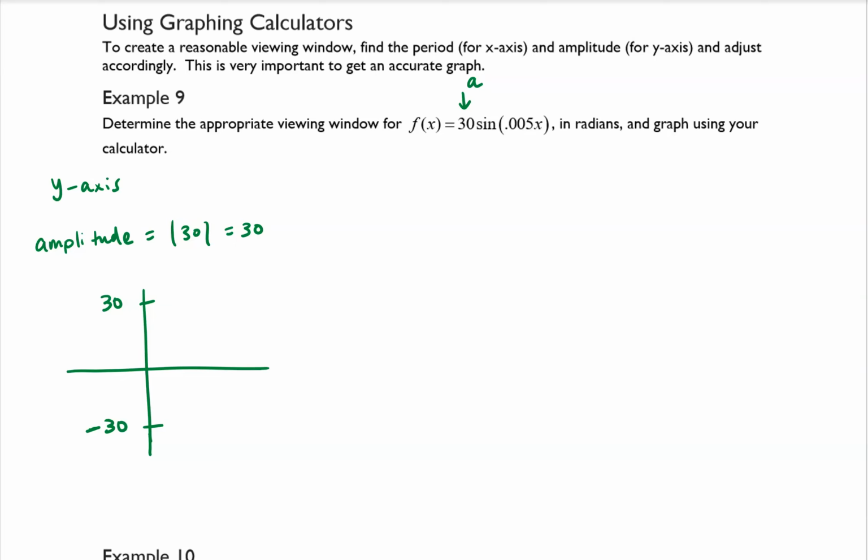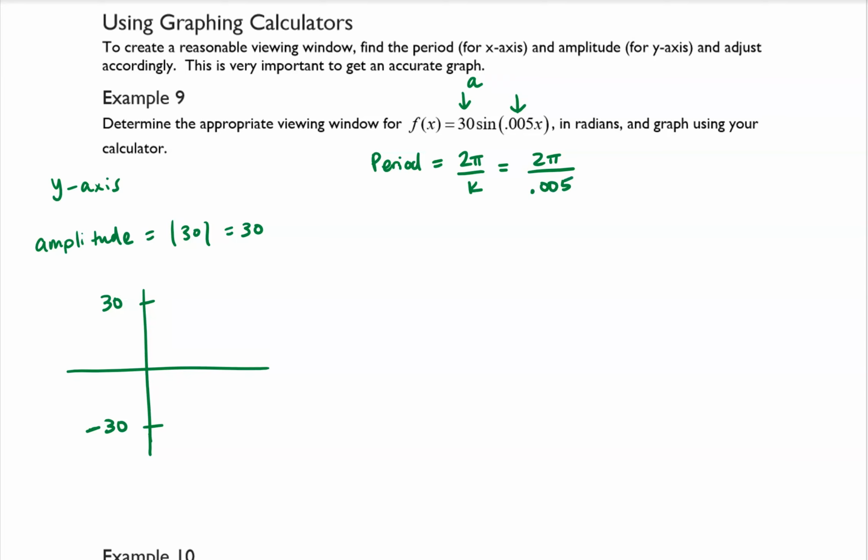And so that will be important when we're deciding our window for the y values. And let's now think about the period. The period is going to be equal to 2 pi divided by k. K is the coefficient of x, and so in this case that is 2 pi over 0.005.